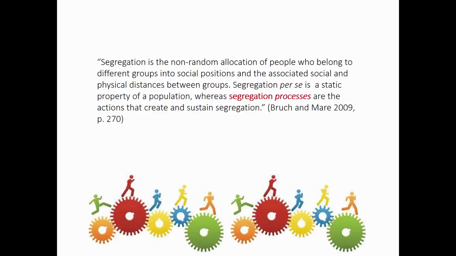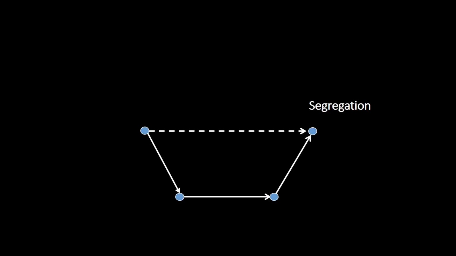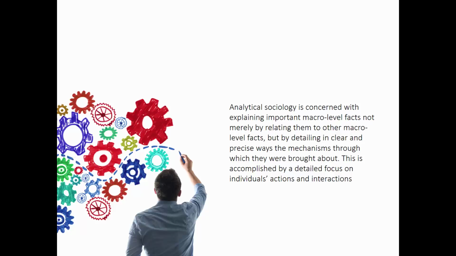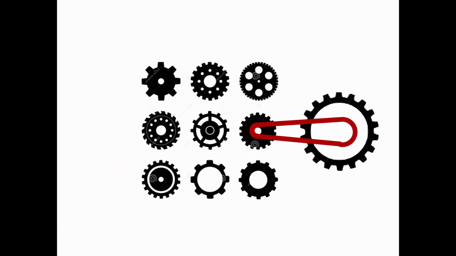And this should ring a bell. This is pretty much what analytical sociology suggests, right? We have segregation at the one end, and now the idea is to think about the process, how this comes about. In analytical sociology, we think about the actions and interactions of individuals that come together. Let me show this graph again.